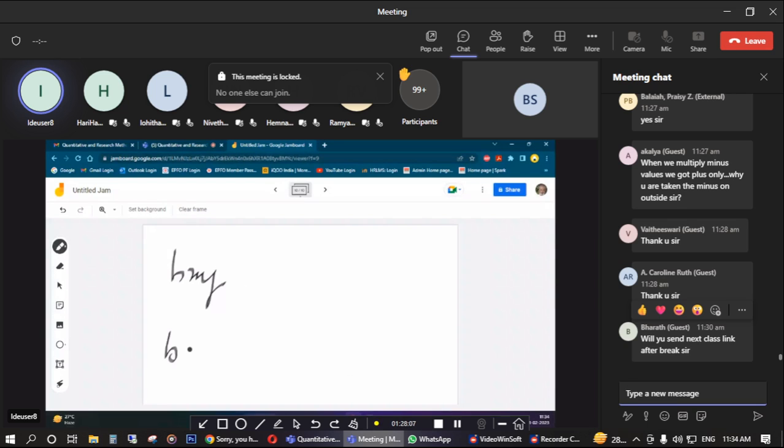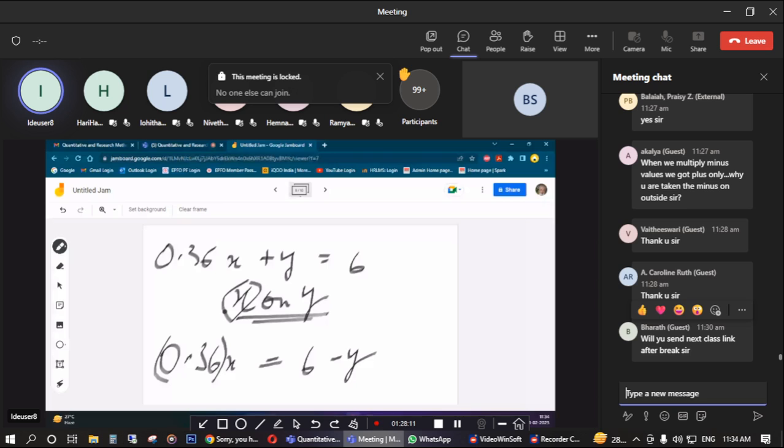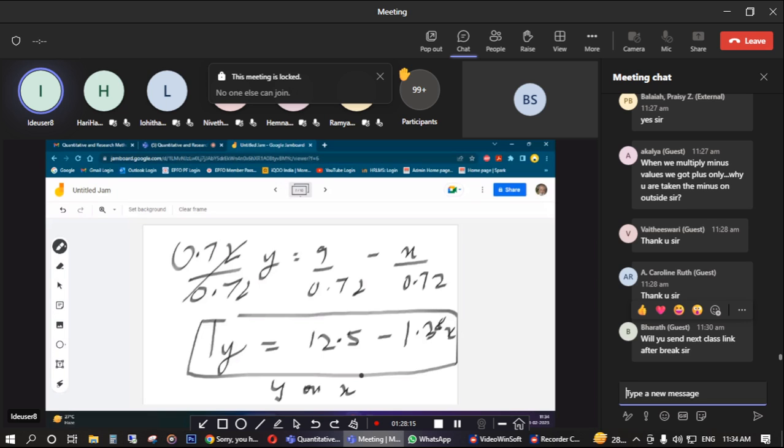Here you see, this is the first equation which I did. So byx, this is Y on X. So I am going to get byx here: byx is minus 1.38.